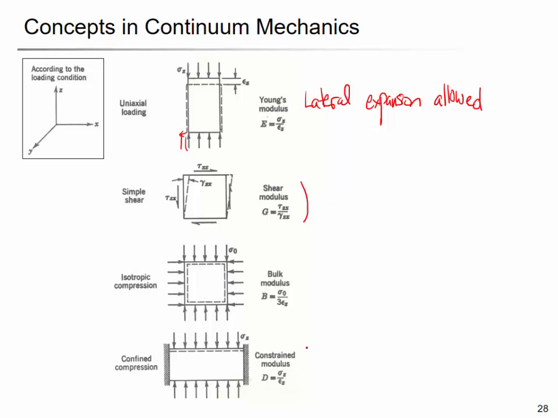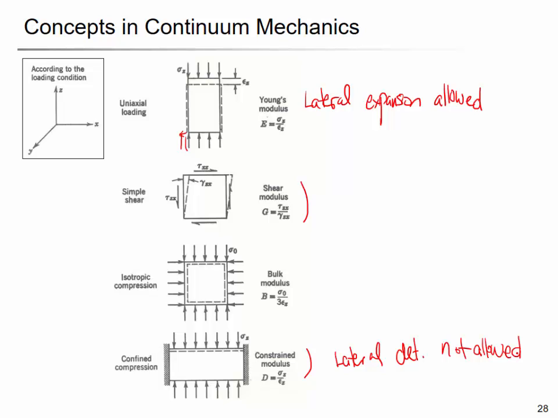And the last one is the constraint modulus. In this case, you don't allow the lateral deformation. So these 4 elastic constants, E, G, B, and M, sometimes they call N or D, can be correlated to each other with the Poisson's ratio, right?